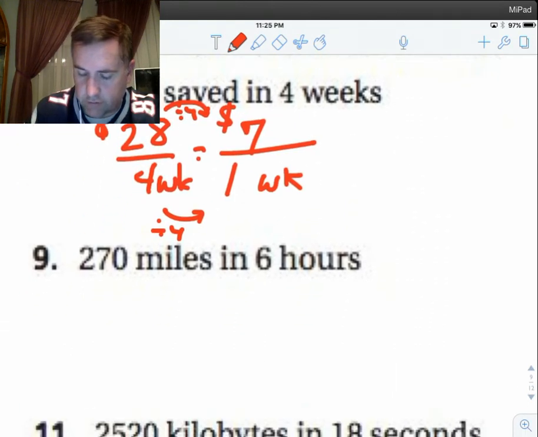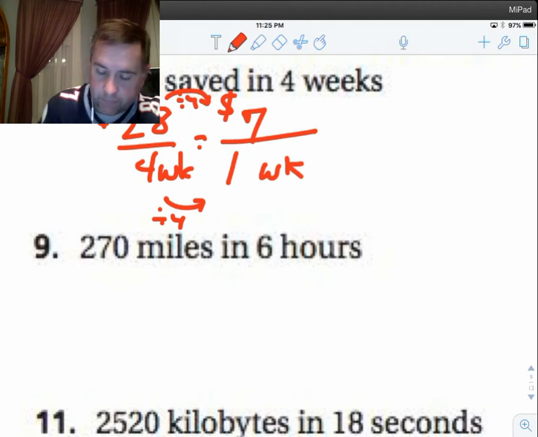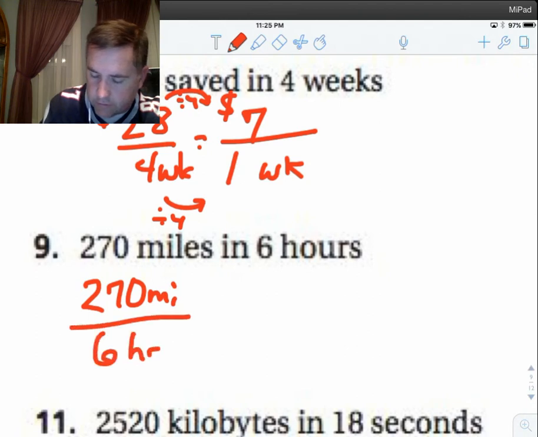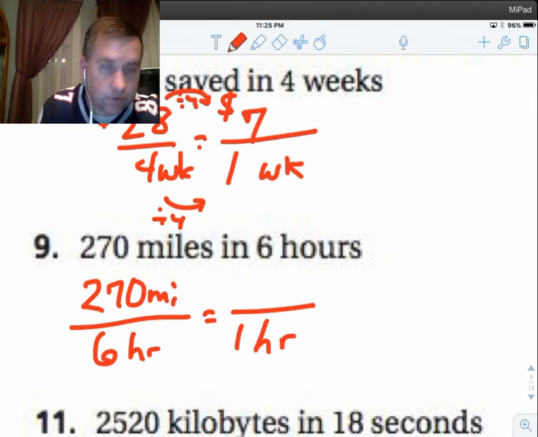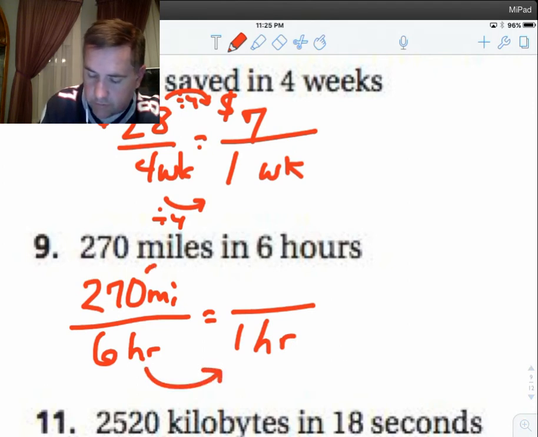And then since it's right here below, let's look at number 9. Again, a unit rate. This is a rate, 270 miles in 6 hours. Well, the unit rate would be how many miles per hour. And to go from 6 to 1, we divide by 6. That means we're going to divide 270 by 6 also.